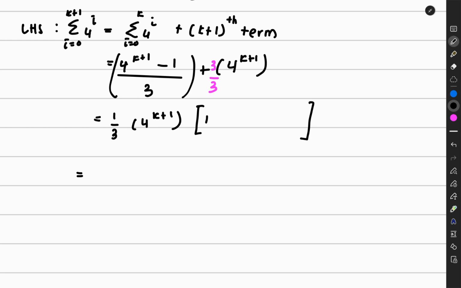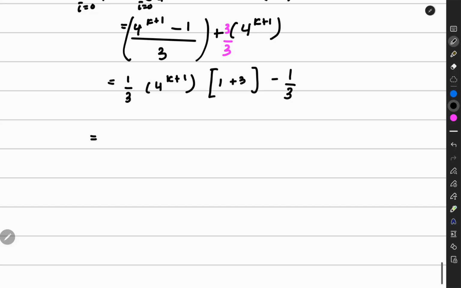Whereby when you actually have 4 over 9, 4 over 3. 4 to the k plus 1 minus 1 over 3 ke? Masuk. 1 plus 3.